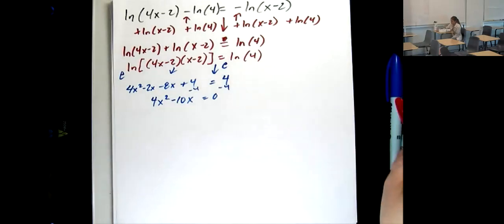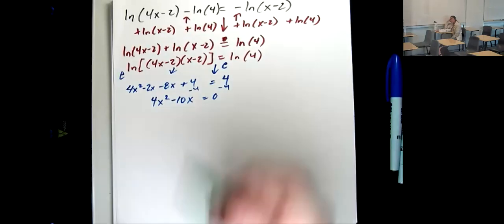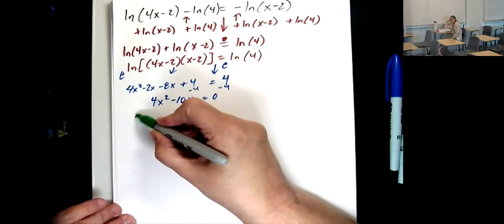What do I do now? I ask because this throws off a lot of students. We don't have 3 terms, so I can't do trinomial factoring anymore. I can still factor them. They're both divisible by 2, so I could bring out a 2.